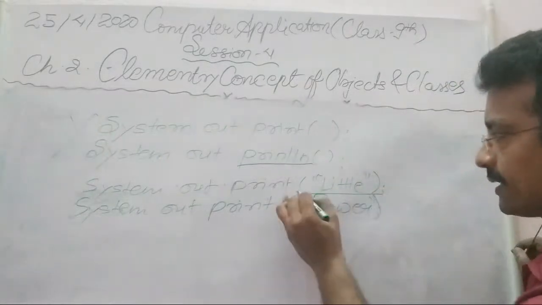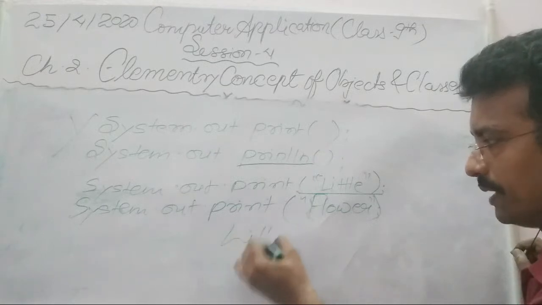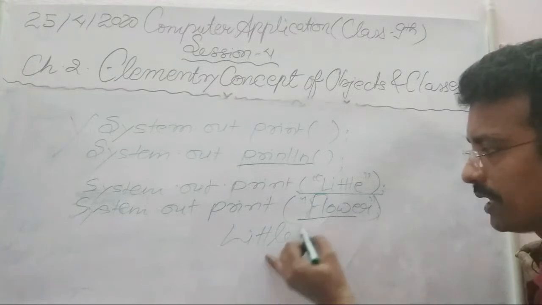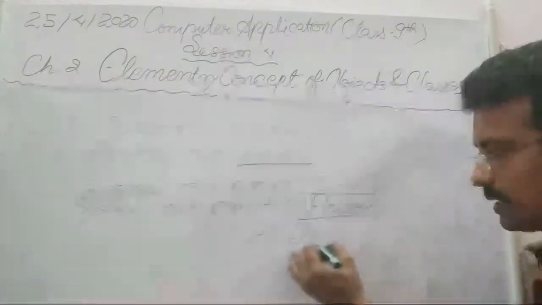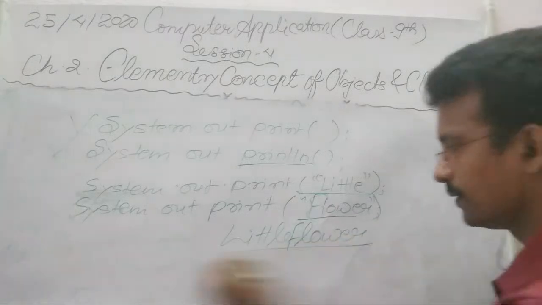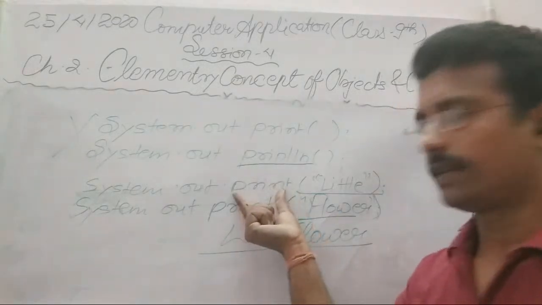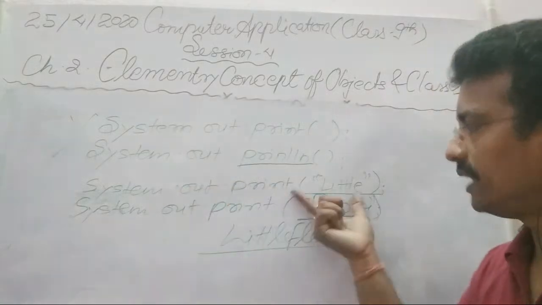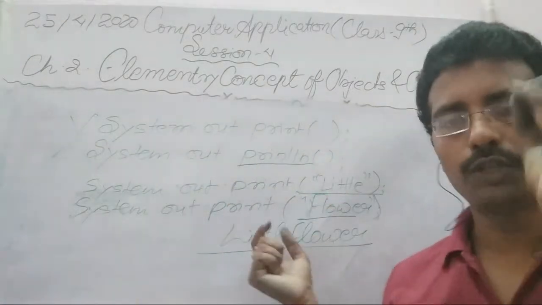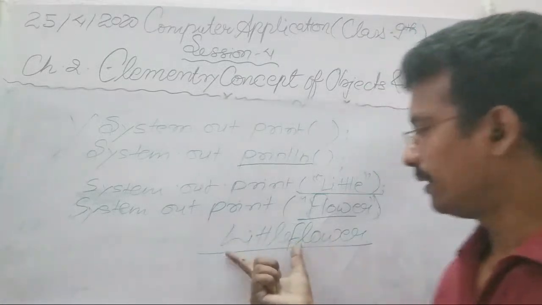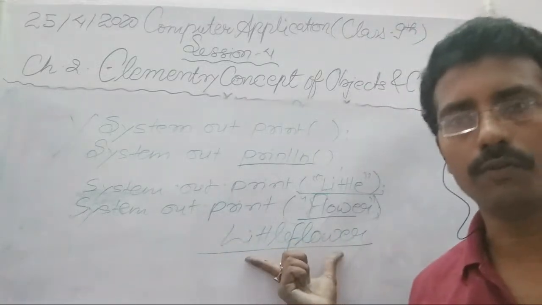"Little" will execute first, and after that the next result will come in front of the last result without leaving any space. So System.out.print works without leaving any space or line.